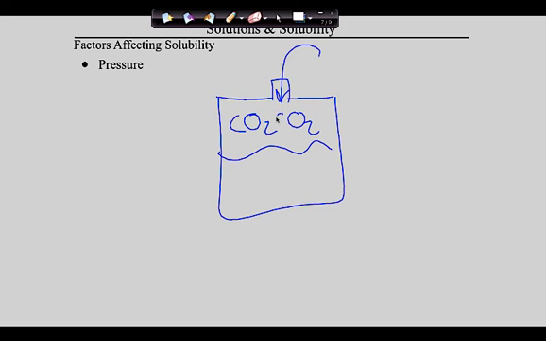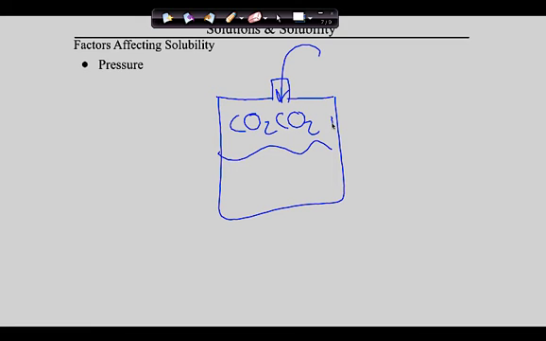Let's make our gas carbon dioxide, and then we can think about this. So guys, if you've got carbon dioxide under pressure, more of it will dissolve in the water. Can you even picture the carbon dioxide under pressure getting driven into the solution? So guys, how do you know this is true? Because you know that when you screw the lid off of a Coke, all the carbon dioxide comes out of solution and it goes everywhere, right?